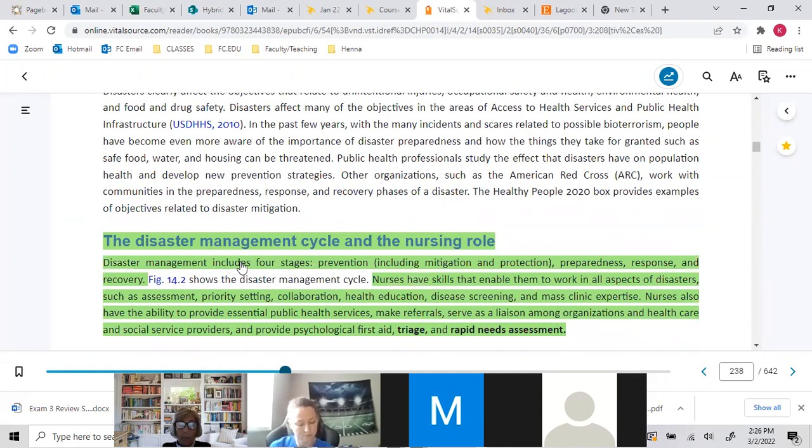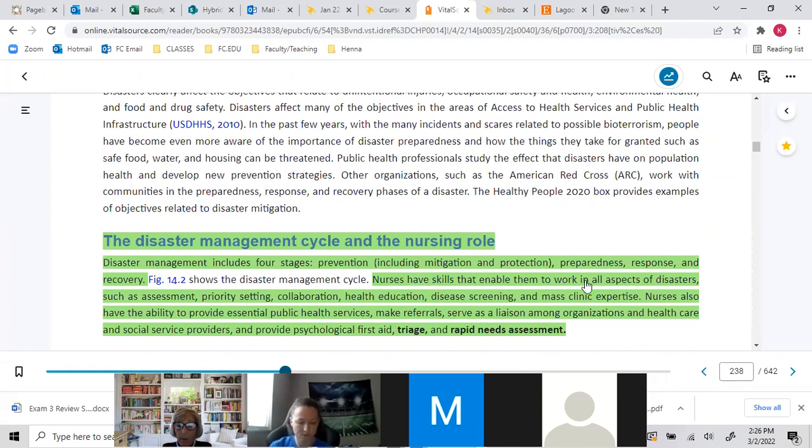What's the cycle? Four stages. We just talked about this: prevention, preparedness, response, and recovery. As a community health, public health nurse, we're expected to be able to participate in any one of those stages.